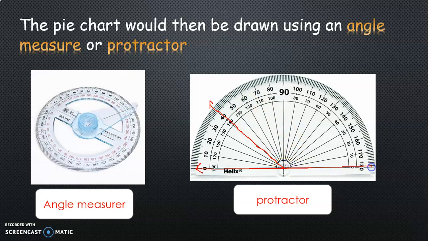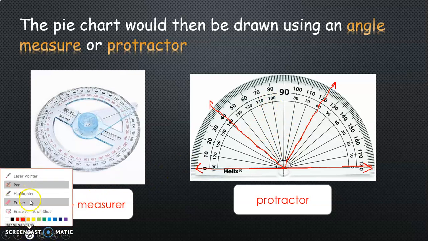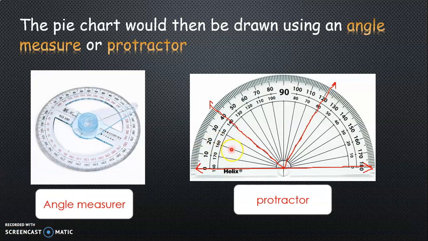This is my zero now. Now, I want 50 degrees. So where is my 50 degrees? Oh, this is 60. As you see, this is 60. So this is showing 60 degrees. You see how you will do the angle using a protractor. That's why we will use a protractor, because this is the usual that we have.